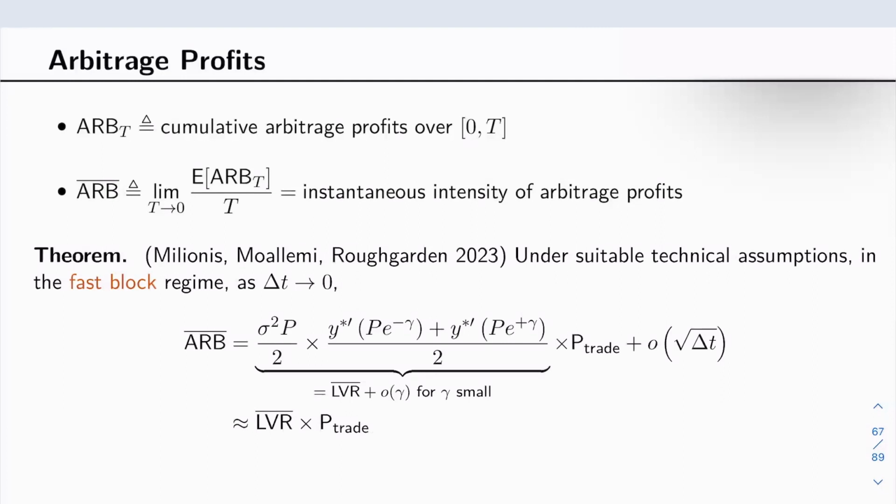And our theorem is that as delta t goes to 0, so as blocks are occurring more and more frequently, which is the correct regime, the arb profits are given by this formula plus stuff that's smaller than order square root of delta t. I'm not going to ask you to think about the algebra in real time, but just take my word for it. This is about LVR plus something small.